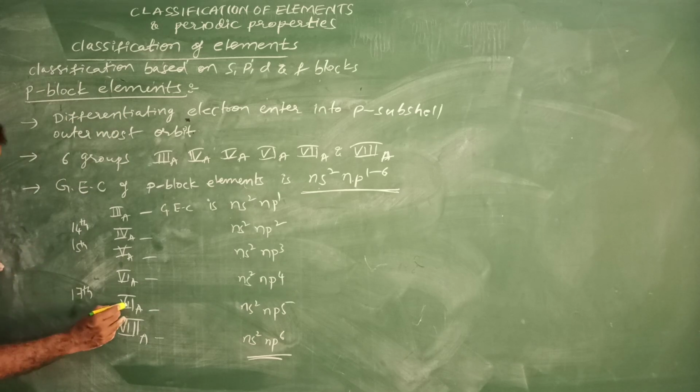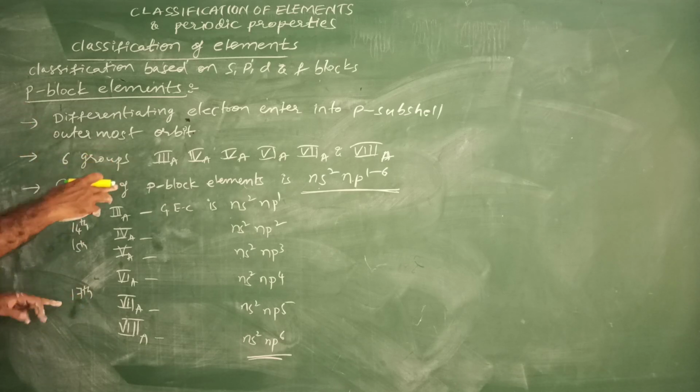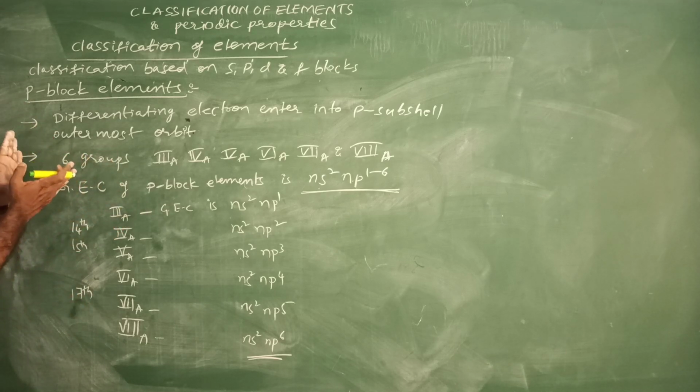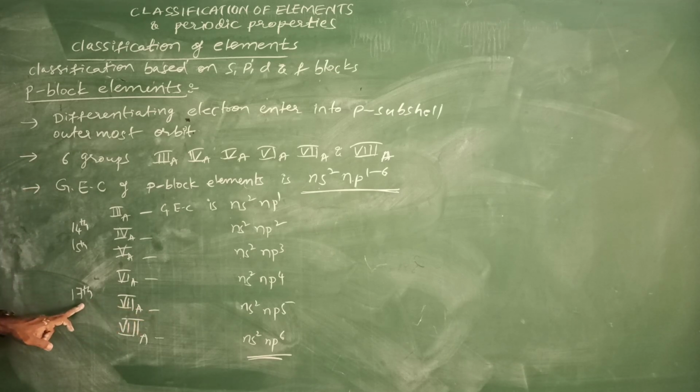In Roman letters we represent it as 7th A, but in numbers, 17th. We already discussed in the previous class how many columns are present: total columns in the periodic table, 18 columns. That means 18 groups are present. Here the 7th A group is called the 17th group in numbers, whereas in Roman letters, 7th A.